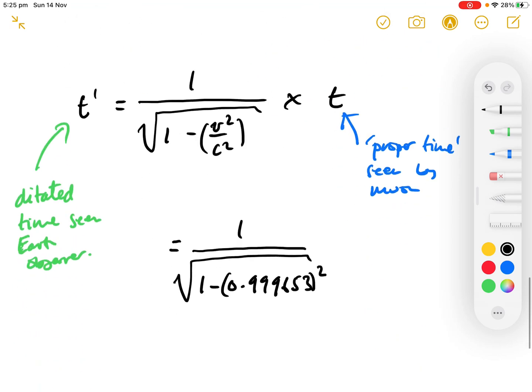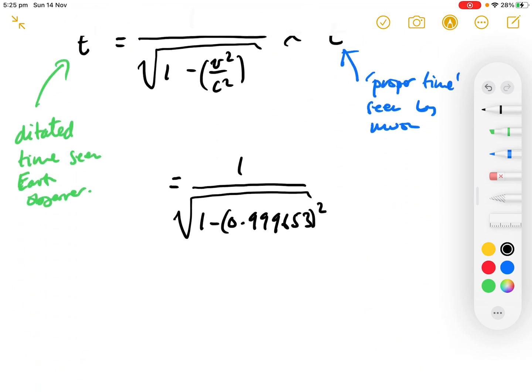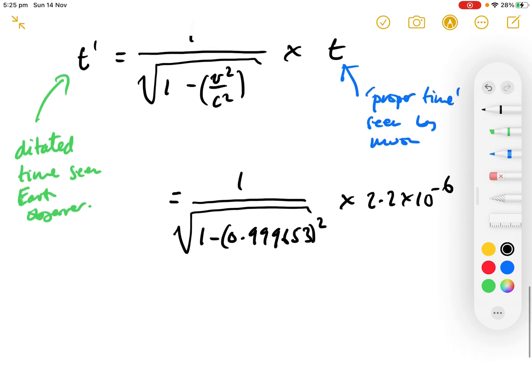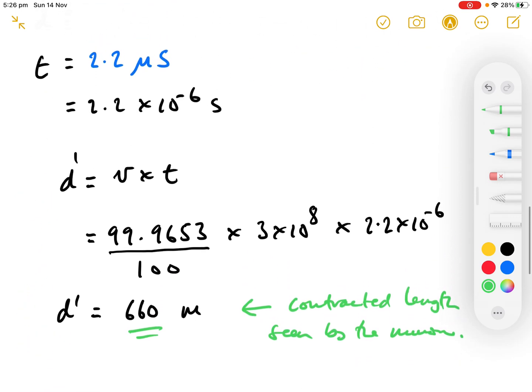Okay, because 99.9653% is exactly the same thing as 0.999653. And of course we've got to multiply that by t, the proper time, so that's the 2.2 times 10 to the minus 6 seconds. Well, when you work out t dash then, the dilated time, you get 84 microseconds.